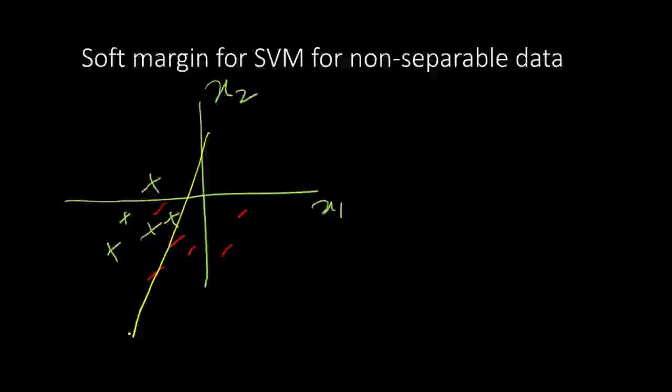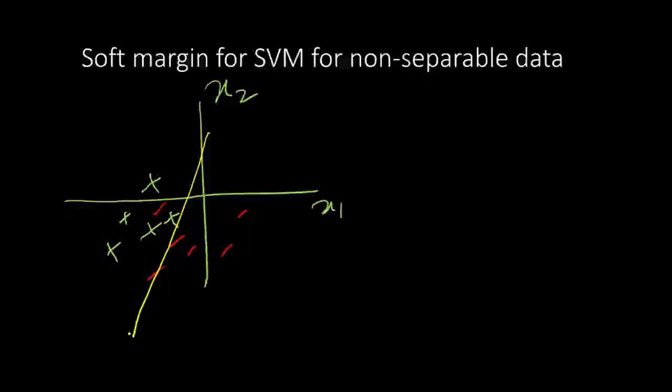And how do we basically trade off between trying to get all the points correctly classified, or as many points as possible correctly classified, and on the other hand maximizing the margin of whatever is closest to the decision boundary? So we want to minimize the empirical risk, but we also want to increase the correct classification rate. So these are sometimes two opposing factors when we are looking at non-linearly separable data.